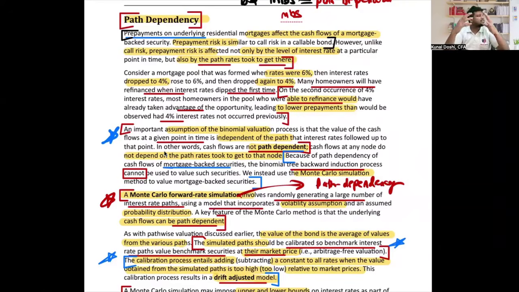Suppose the interest rates are first falling, then a lot of people will prepay the mortgages. But when rates fall a second time, the prepayment might not be as high because most of them must have prepaid earlier. So the fall or the rise in the interest rate is important, but which path it is coming from is more important.